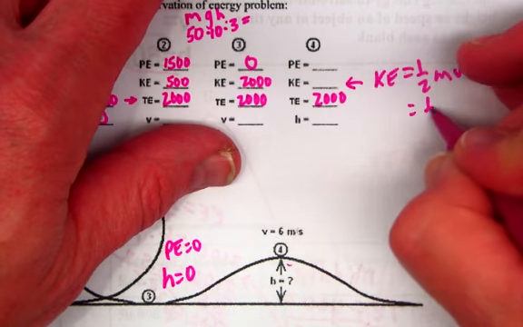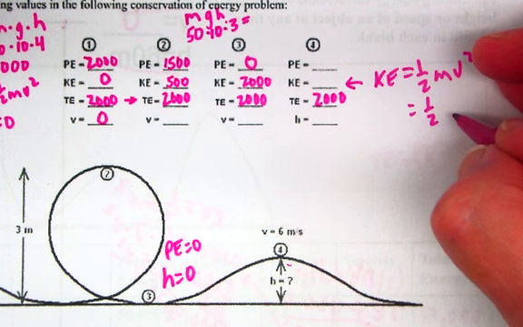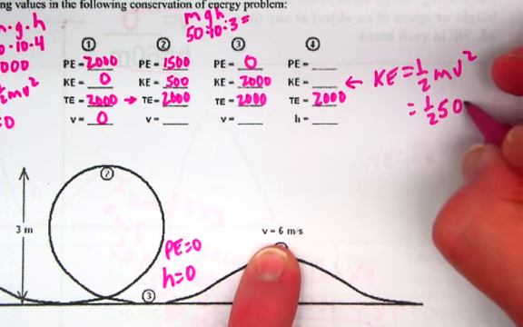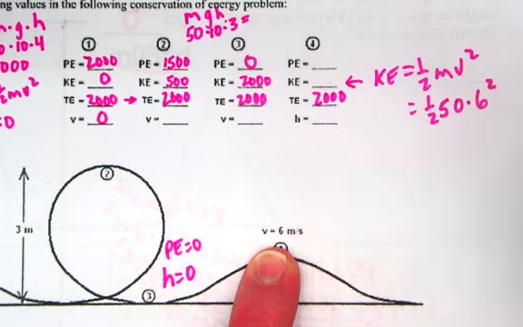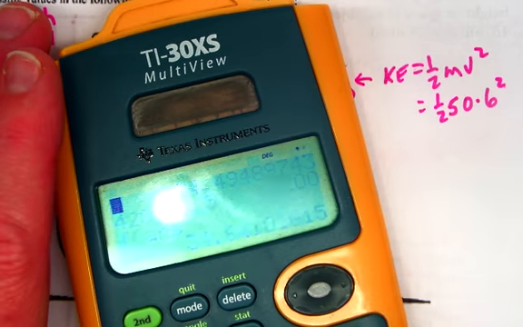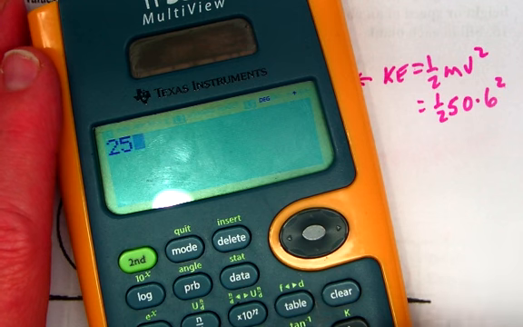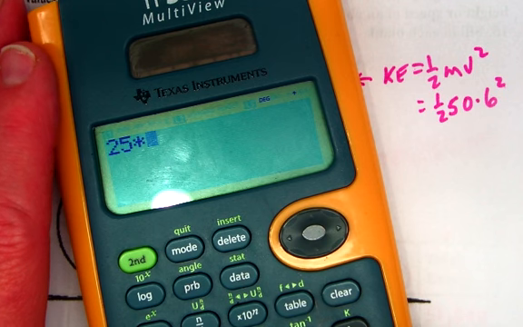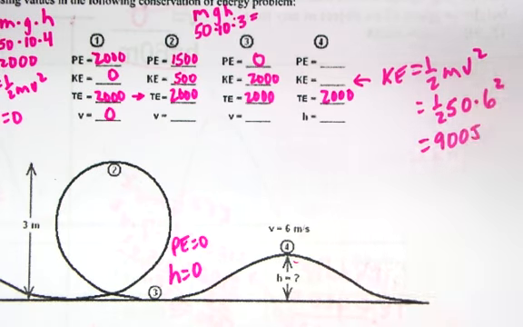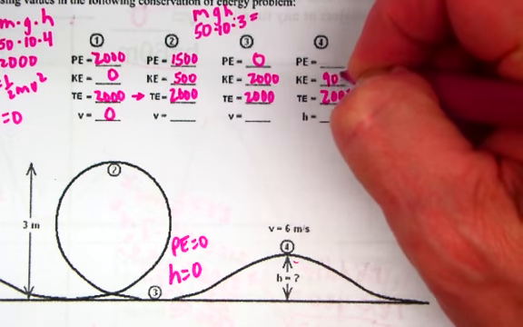So 1/2 times my mass of 50 times my v of 6, which I square. So 1/2 times 50 is 25. So 25 times 6 times 6, or times 36, is 900. So my kinetic energy at that point would be 900 joules. So I'm going to put 900 there.